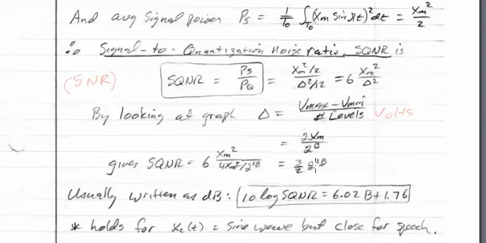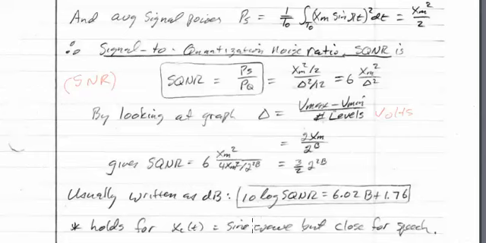And if we take 10 log, log base 10, of that, we get the signal quantization noise ratio in decibels. And it turns out that this is the result. Signal noise ratio is 6.02 times the number of bits plus 1.76. Okay, this is a very, very important equation. Again, it assumes the input signal is a sine wave.